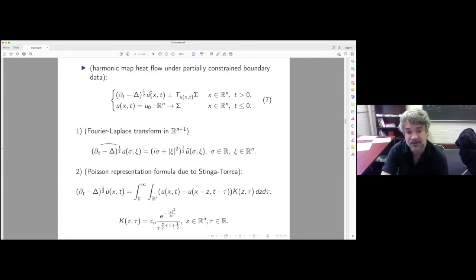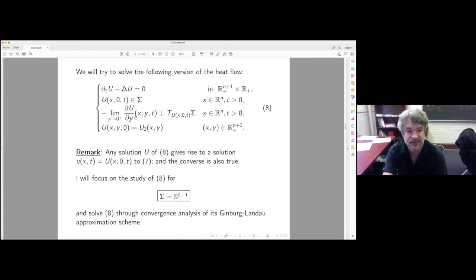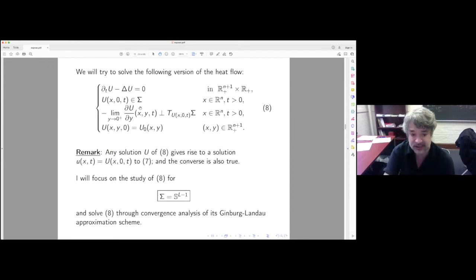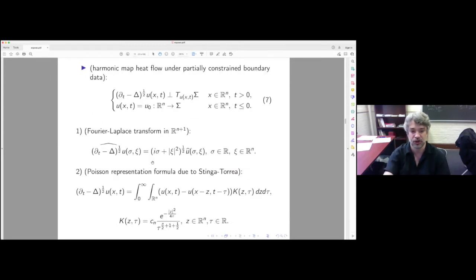Now, this one is much better because this flow appears as the trace of, this time not a harmonic function, but a caloric function. You solve the heat equation with your free boundary condition, and the trace at y equal to 0 of this function capital U is a solution of this flow.